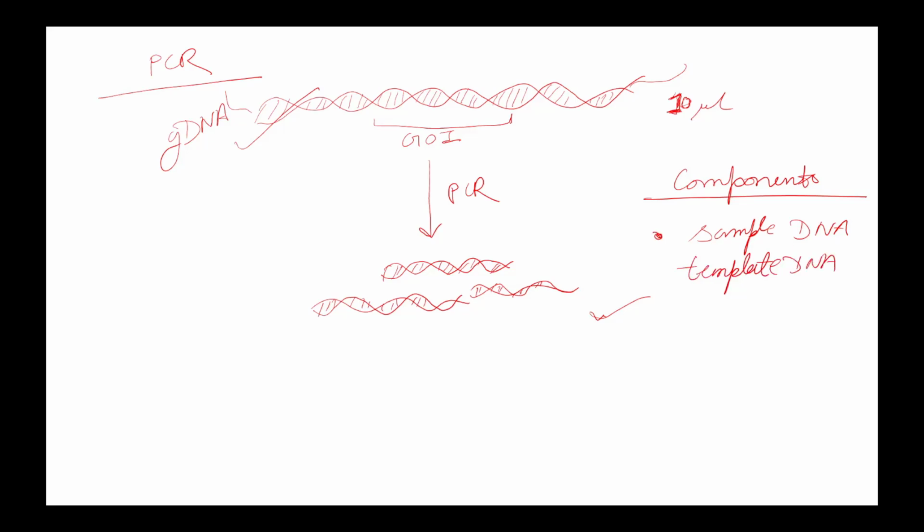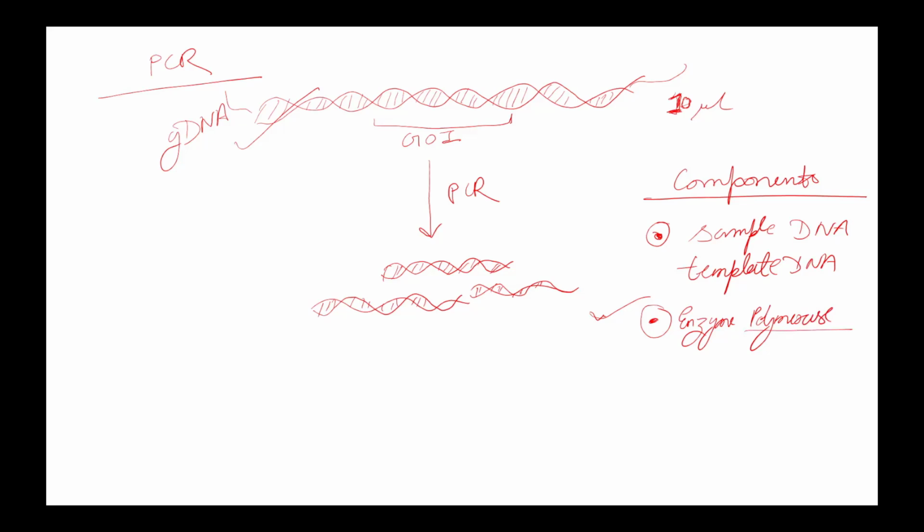The second thing which you require is, because in this particular technique we use an enzyme which we call the polymerase enzyme to carry out the polymerization reaction. So you need a polymerase enzyme.